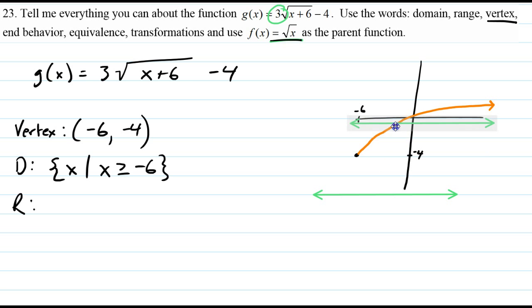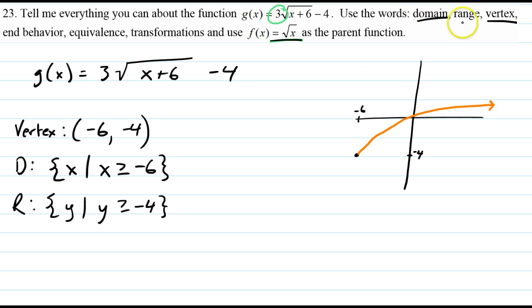And again, as it moves up the graph, where does it stop touching? Since this line goes on forever and ever, it'll always keep going up. It's always touching. Even though it doesn't look like it here, it's touching way over here. So our range starts at negative 4. So it's the y values such that y has to be greater than or equal to negative 4.